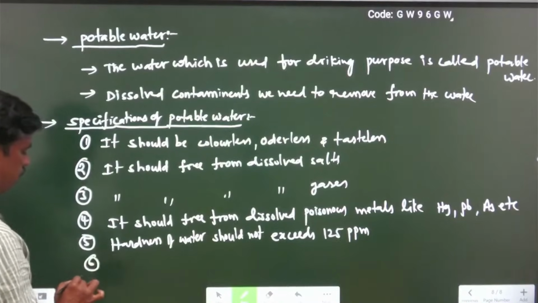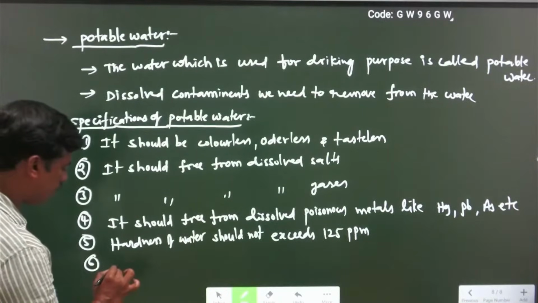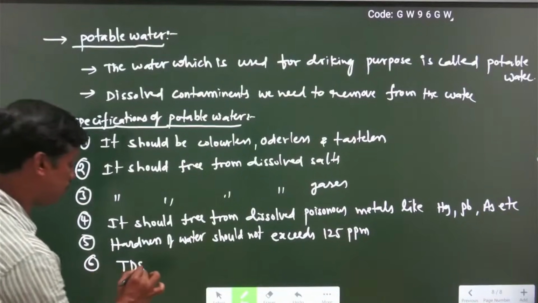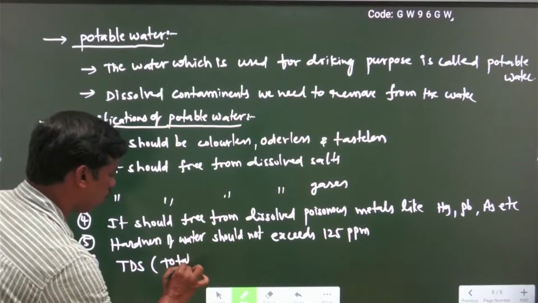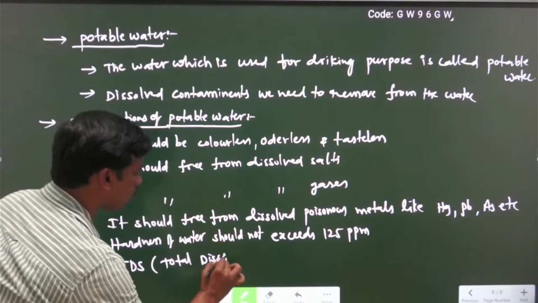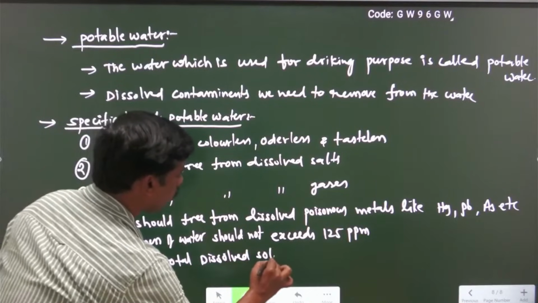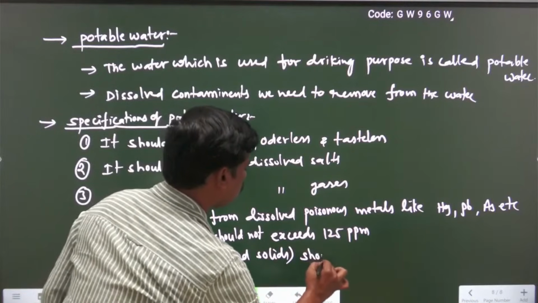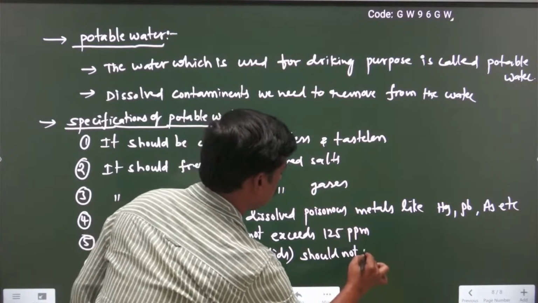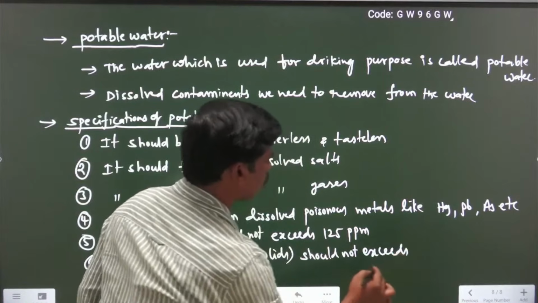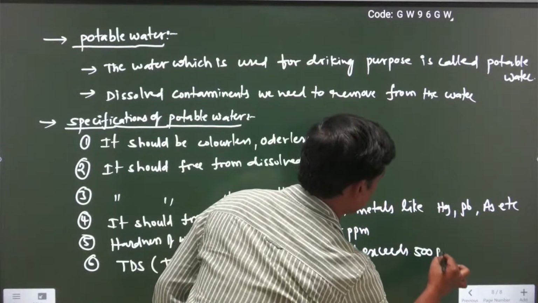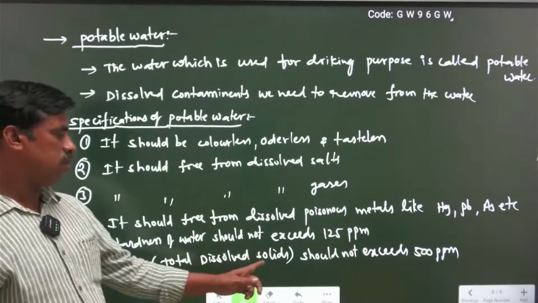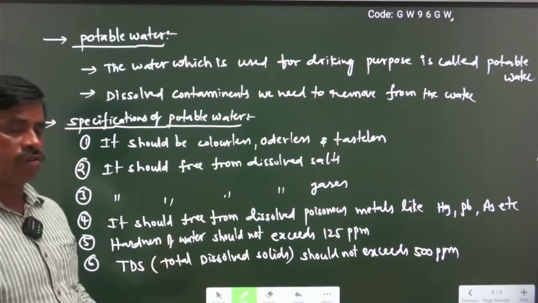And the sixth one, total dissolved solids, TDS. Total dissolved solids should not exceed 500 ppm. TDS, total dissolved solids, is different, and hardness of water is different.